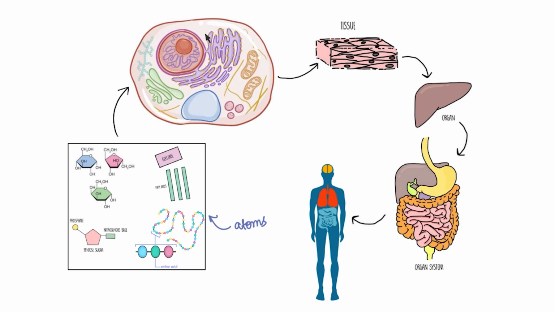These cells will then organize themselves into tissues, and different tissues will come together to form organs. These organs will join up to form a single organ system, and many such organ systems will give rise to a single organism. And so this is why biological molecules are considered the building blocks.